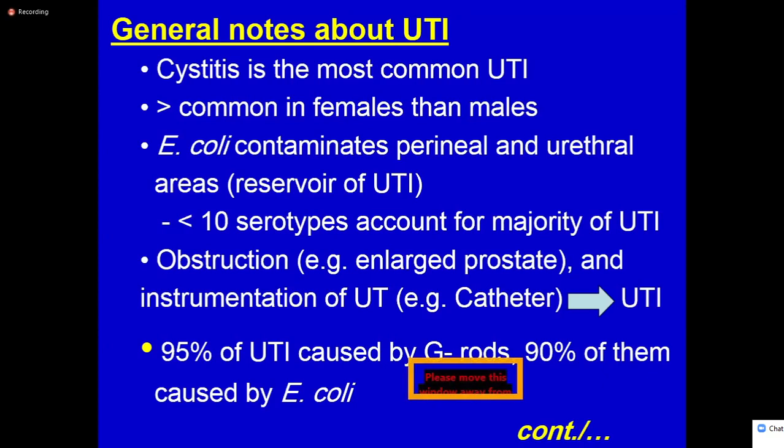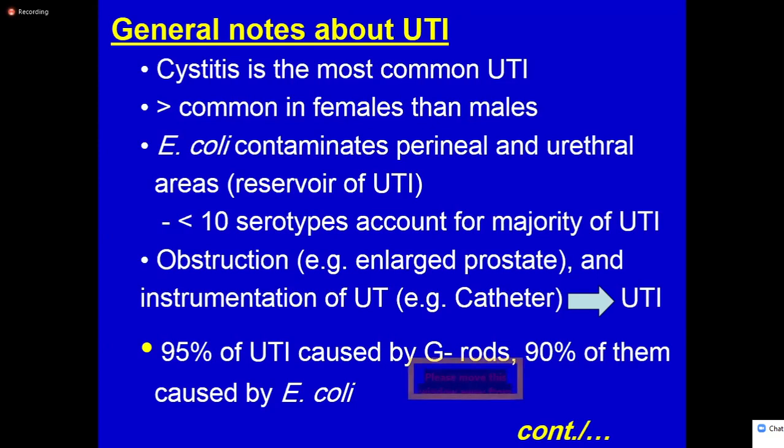Certain serotypes, which have numbers, about 10 serotypes of E. coli, are responsible for the majority of UTI. And we will go into some details about this point in a moment.